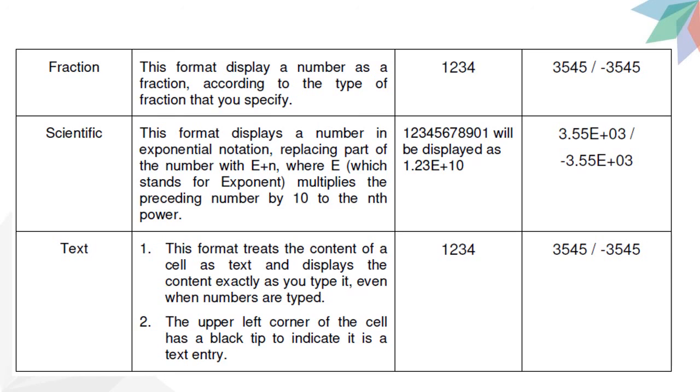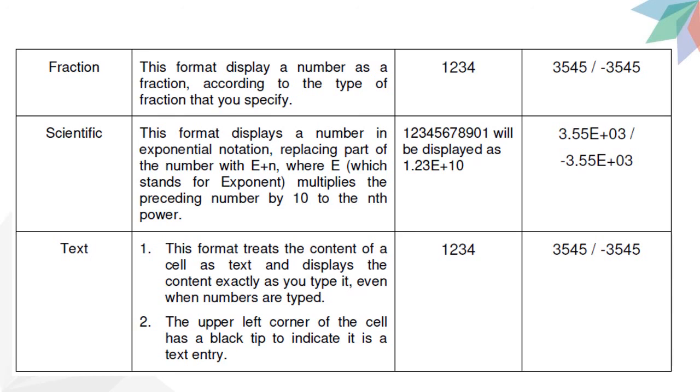The next format is the text format. This format treats the content of a cell as text and displays the content exactly as you type it, even when numbers are typed.